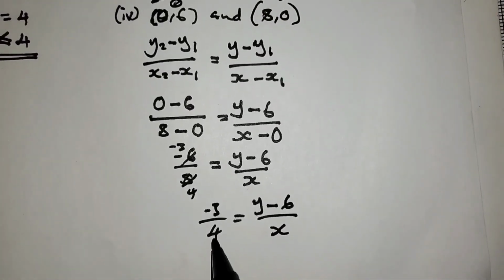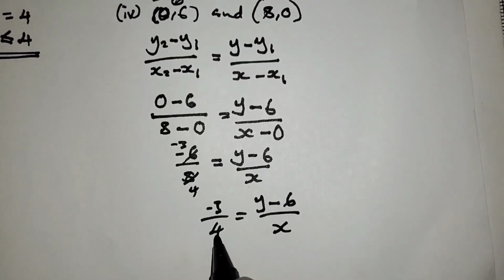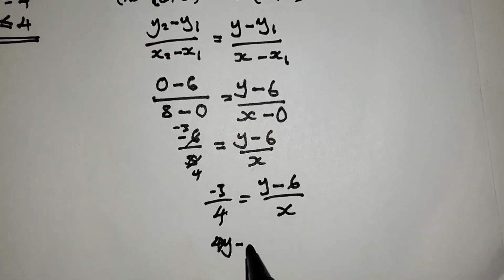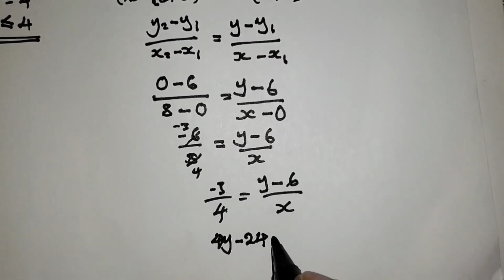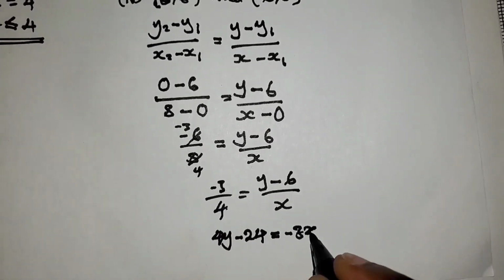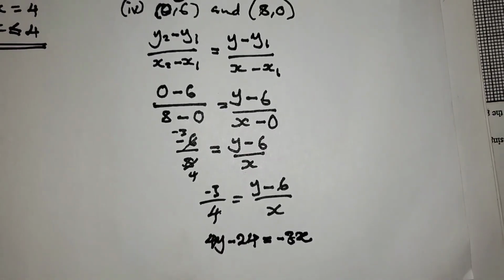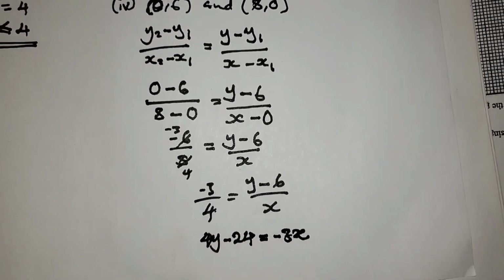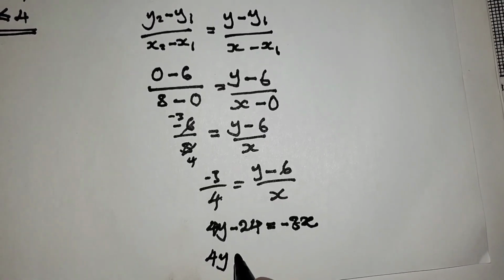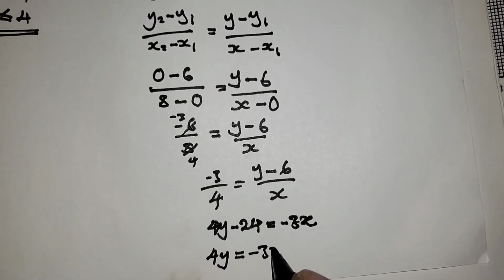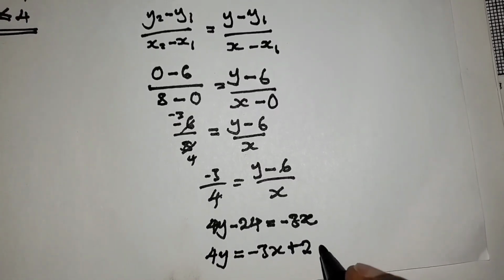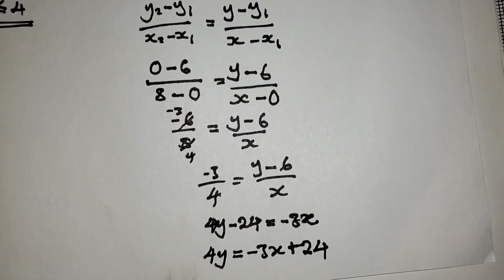So we're going to say y will be multiplied with this. So 4 times y is 4y, 4 times negative 6 is negative 24, is equal to negative 3 times x, which is just negative 3x. Alright, arranging it in order, we have 4y is equal to negative 3x, then this crosses the sign and becomes positive 24.